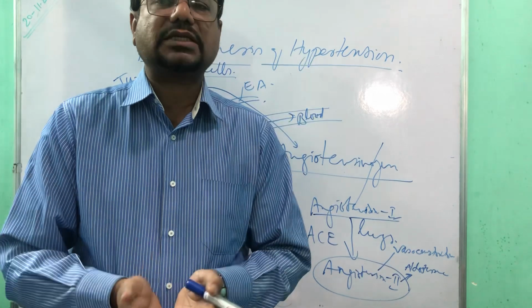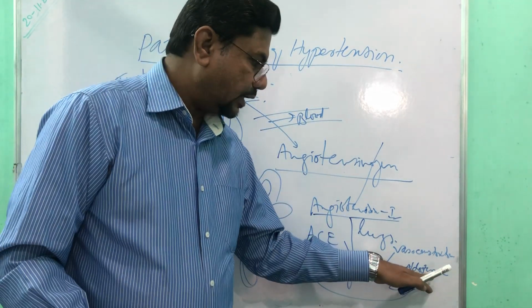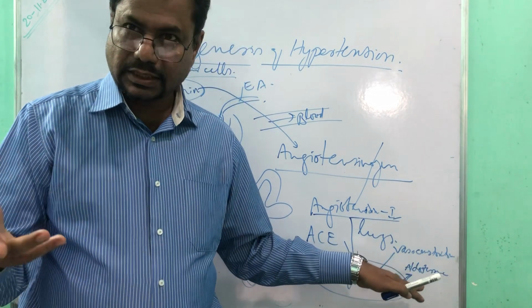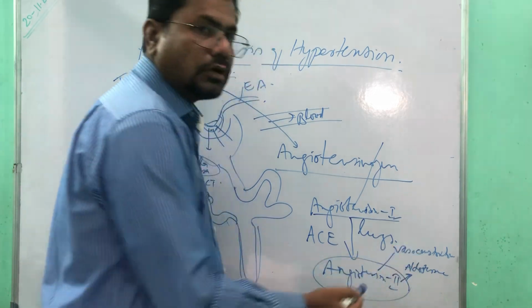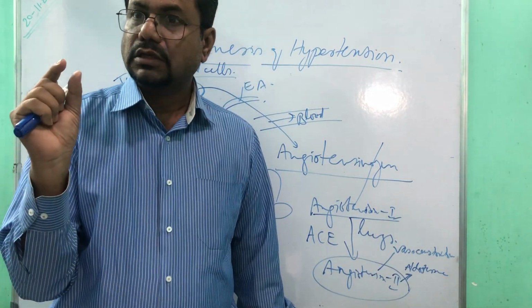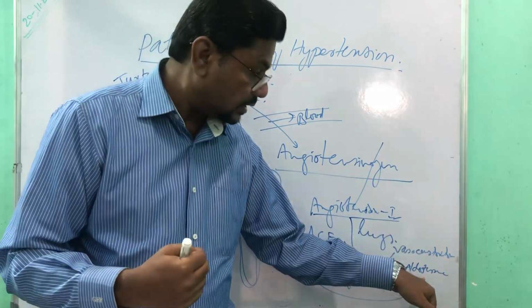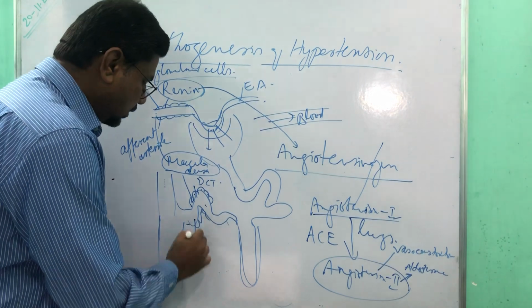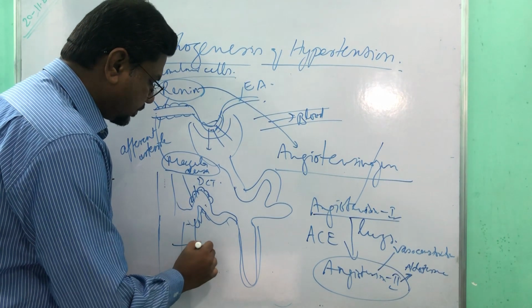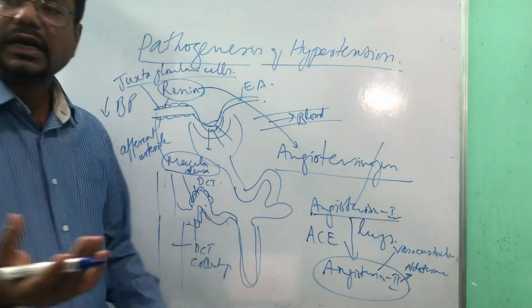The adrenal gland is present above the kidney. Okay, and what will this aldosterone do? Vasoconstriction decreases the peripheral resistance directly on the blood vessels. But this aldosterone will increase reabsorption in the DCT and collecting tubules.